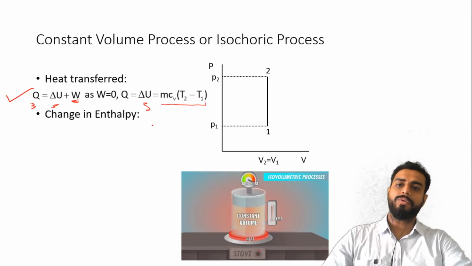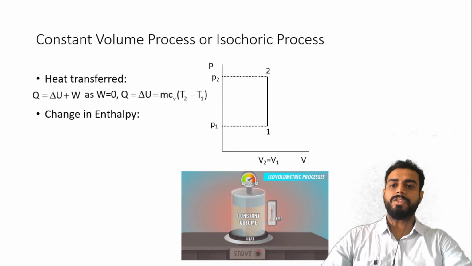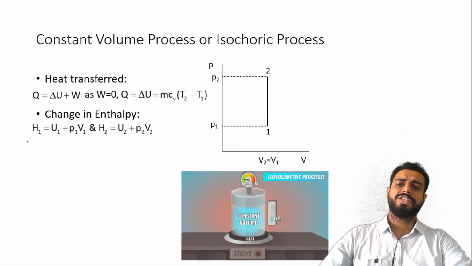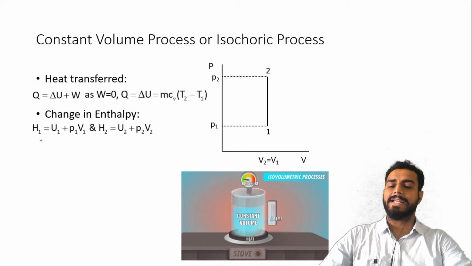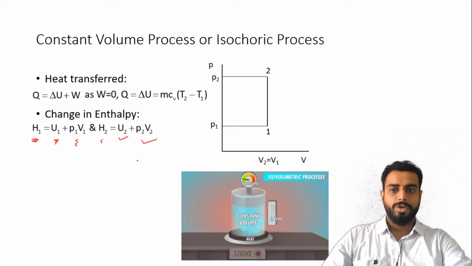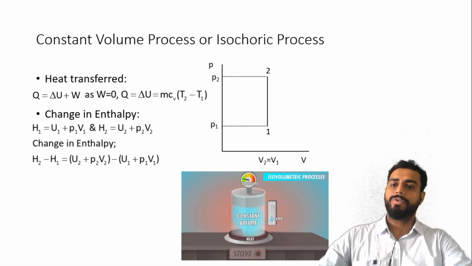Okay, now change in enthalpy. Very simple. Enthalpy change is what? So at the initial state, let's say the enthalpy H1 is equal to U1 plus P1 V1, and at the second state the enthalpy H2 is equal to U2 plus P2 V2. Okay, now what we can do is change in enthalpy. So we will subtract H2 minus H1.